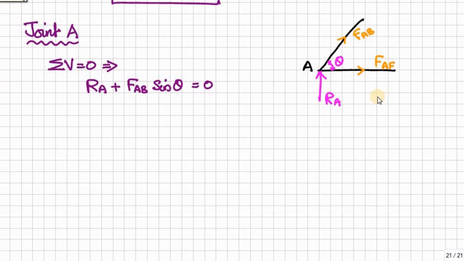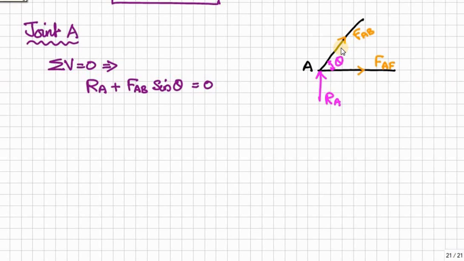For example, here, this is the vertical reaction, which is a known value. This is the horizontal force, unknown value. This is the inclined force, unknown value.